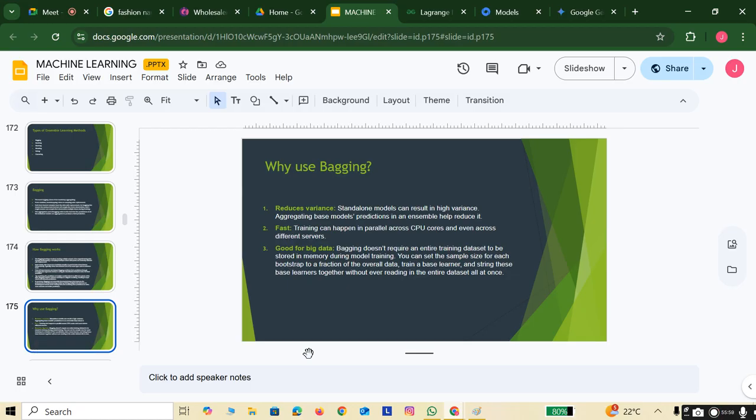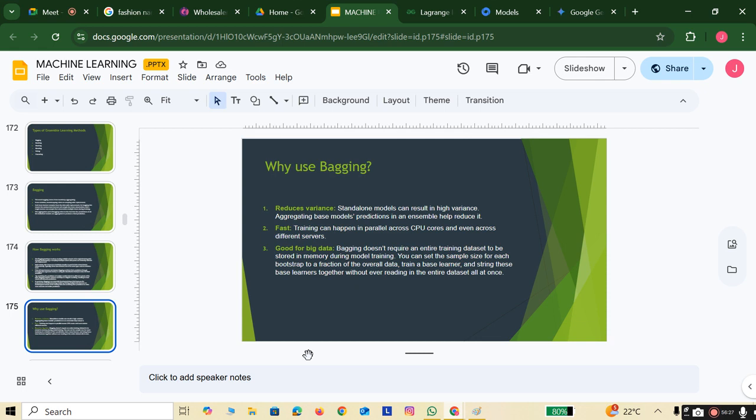But it depends. Why use bagging? That's where I was coming. When to use bagging and when to use boosting depends on the question of the interviewer. When you want to reduce variance, standalone models can result in high variance, that is the deviation between the predicted and the actual value.